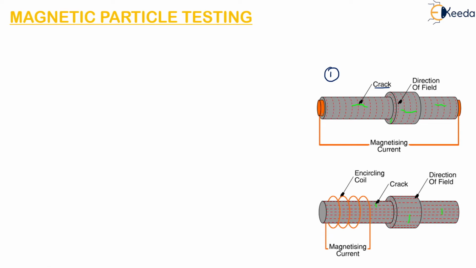So here this is the direct method in which high amperage current is passed through the subject, and magnetic flux is generated at right angles to the current flow. So if the current is flowing in this direction, then the magnetic flux is developed in the perpendicular direction. So this is the direct method.